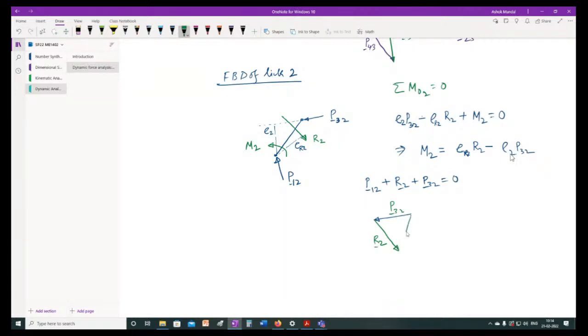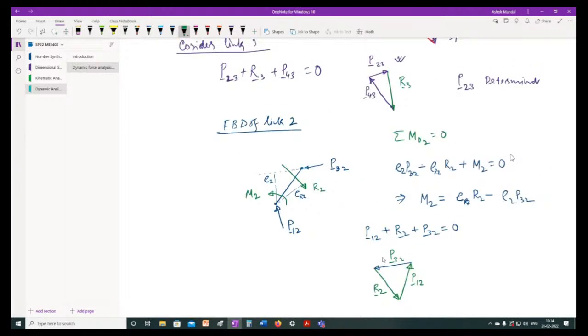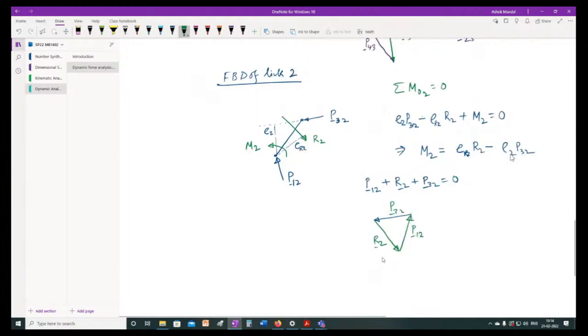That means obviously this vector is P12. So from here you can find out the joint force P12. This way you can find out all the forces and the required moment. If it is a question, then you can find that, right?